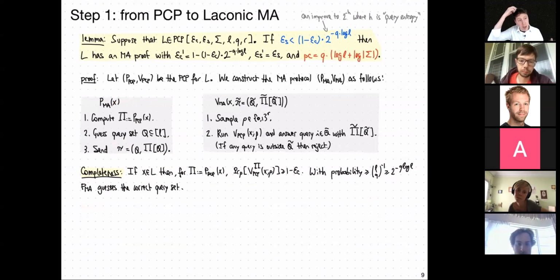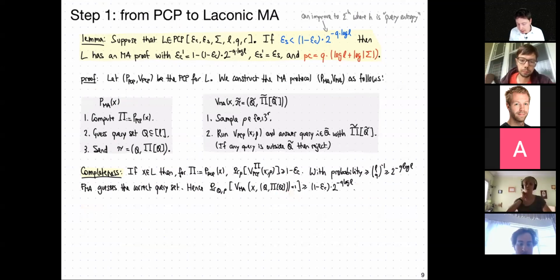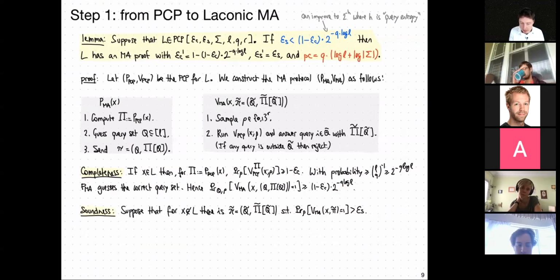Because it's guessing Q locations out of L of them. And so the probability that the verifier accepts is at least this quantity times the probability that the prover guessed the correct one, which gives the completeness error that I wrote up here, 1 minus that.